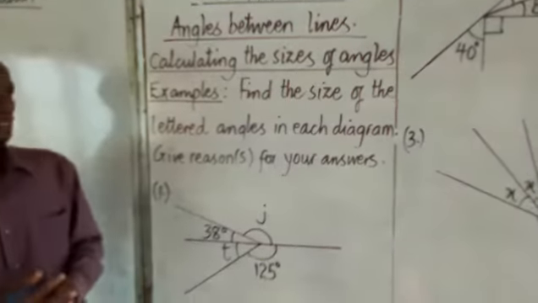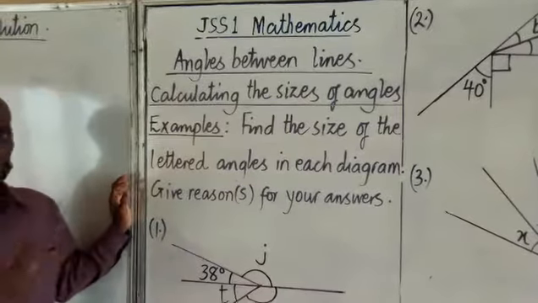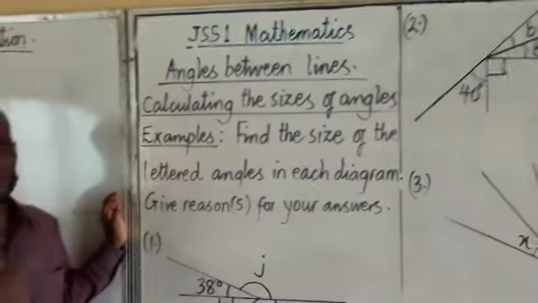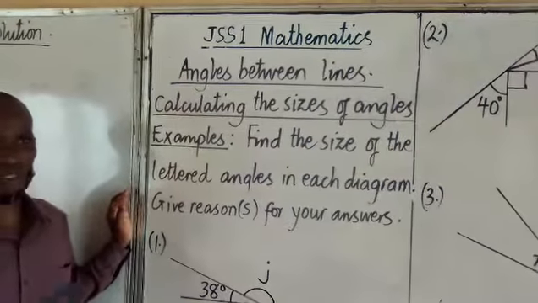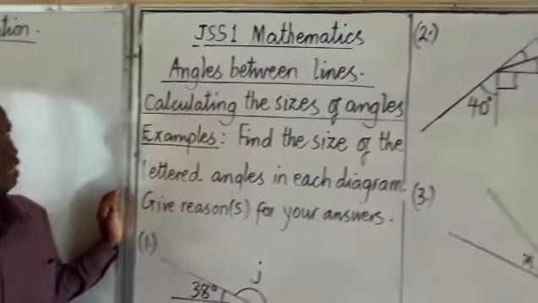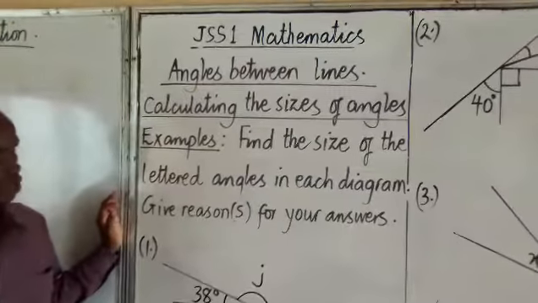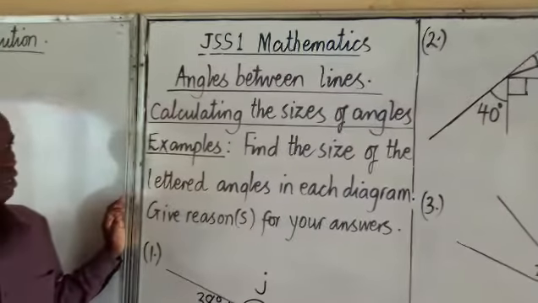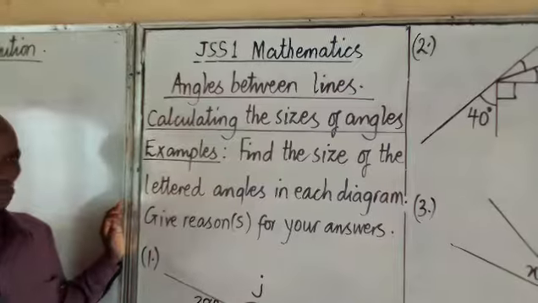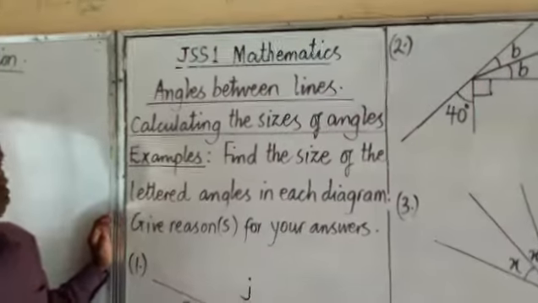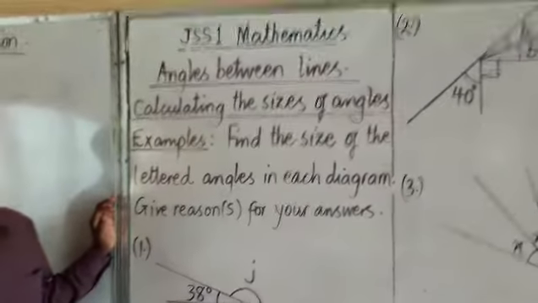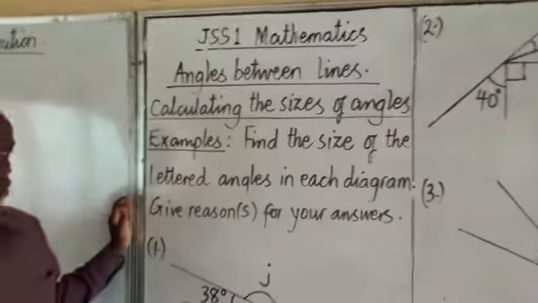In the last class, I introduced angles between lines. Corresponding angles are equal. Vertically opposite angles are equal. Alternate angles are equal. And the other aspect of angles that we look at, the types of angles, right angles, supplementary angles, and so on.